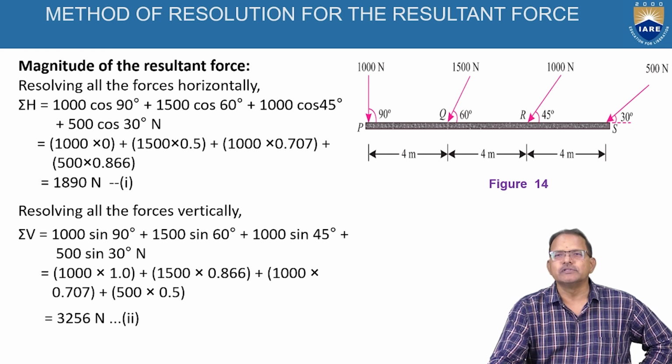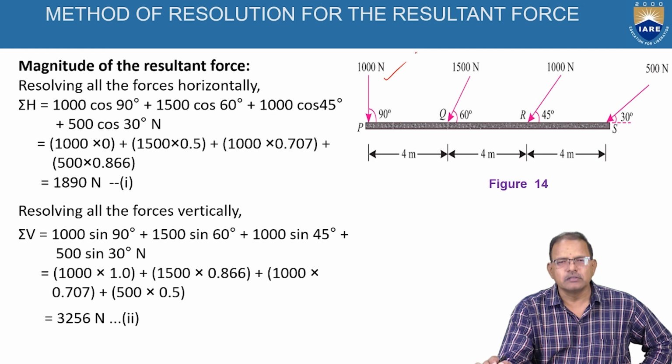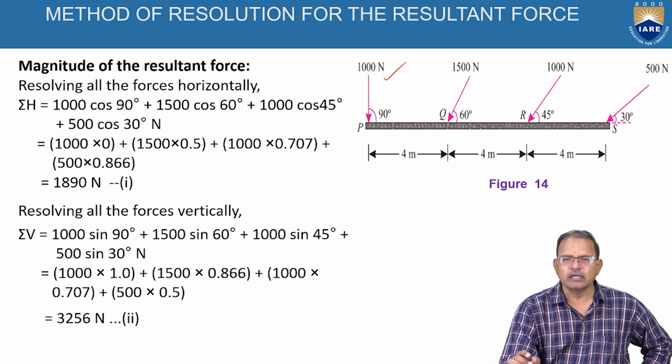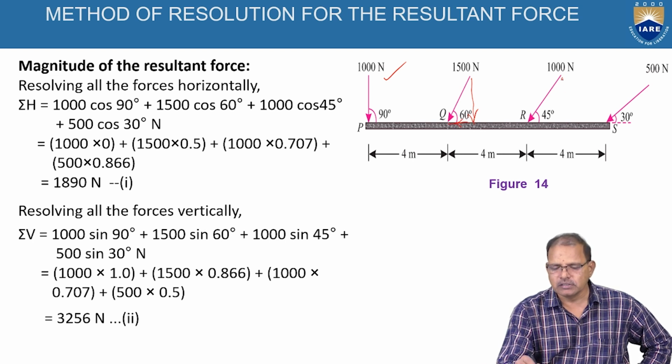First of all, resolve the forces along the x direction and y direction. The first one is 1000 newtons acting in the downward direction. It does not have any x component. The second one is 1500 newtons. It is acting in the downward direction, so the x component is toward the left-hand side.